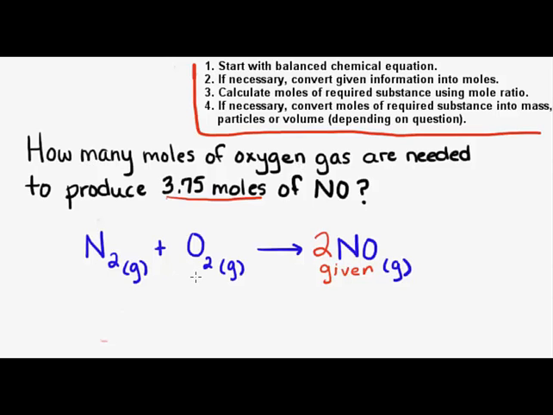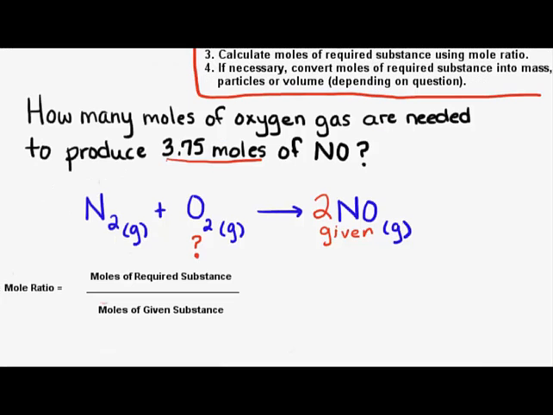So that would make oxygen gas in our equation the required. And I'm going to mark that down as a question mark underneath oxygen gas on the equation. So now you've identified your given and required substances. This has prepared you well for step 3, which is to calculate the moles of the required substance using a mole ratio. So let's go ahead and find our mole ratio now.